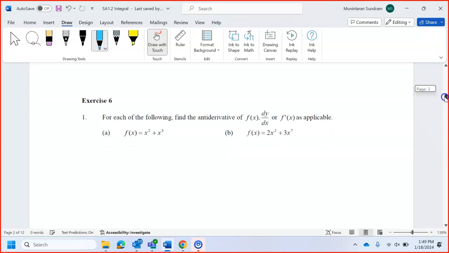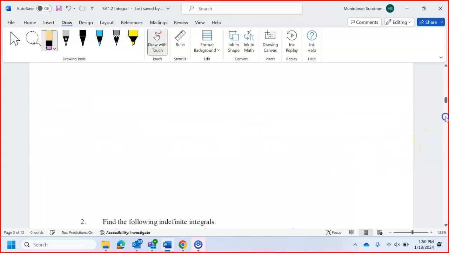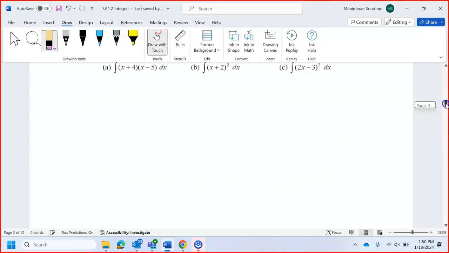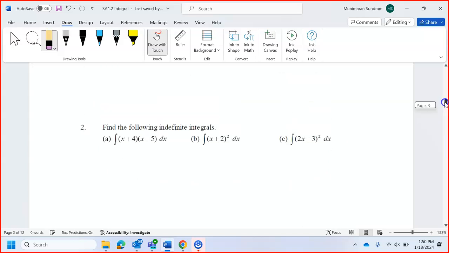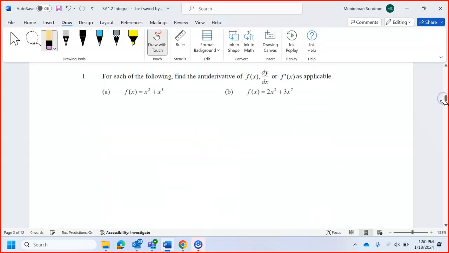All right, can we look at exercise 6? Can we do number 1?